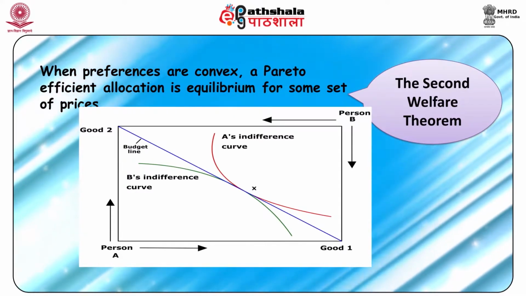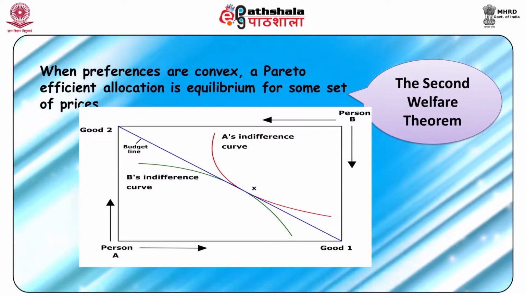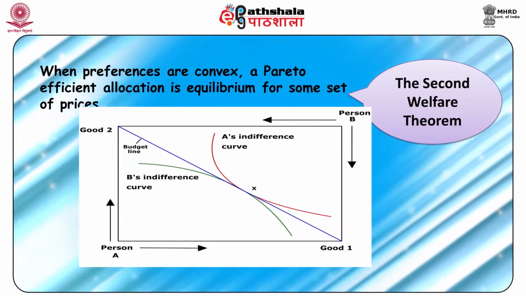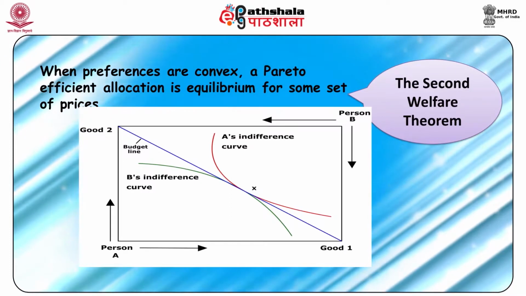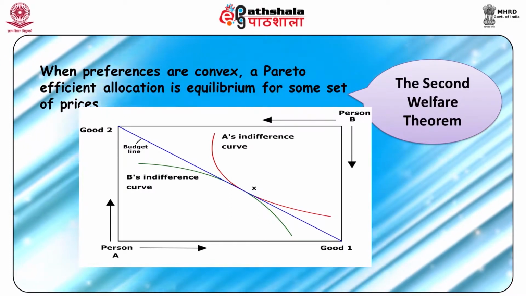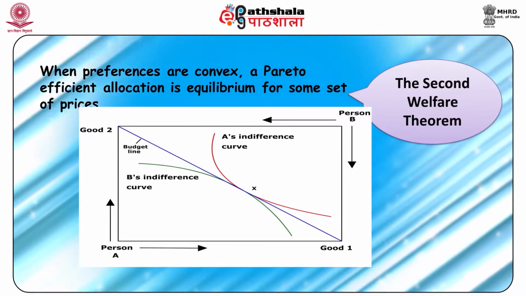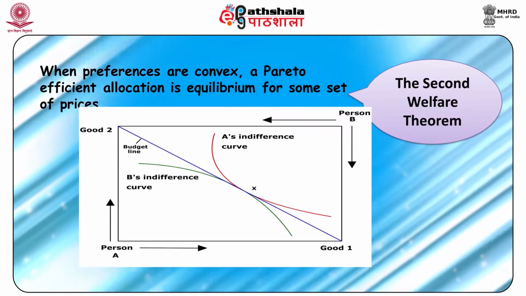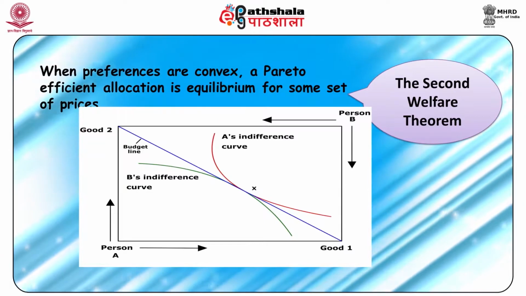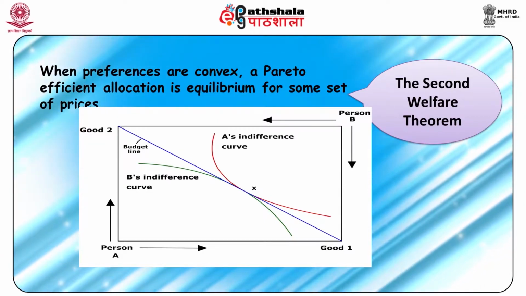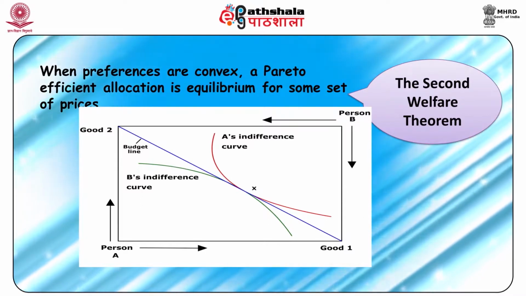Suppose that the straight line represents the agents' budget sets. Then if each agent chooses the best bundle on his budget set, the resulting equilibrium will be the original Pareto efficient allocation. Thus, the fact that the original allocation is efficient automatically determines the equilibrium prices.